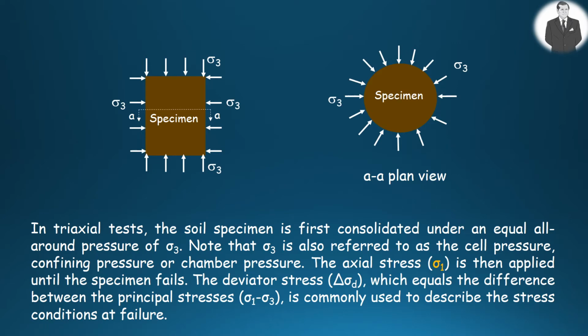The all-round pressure, which is denoted sigma sub 3, is also known as the cell pressure, confining pressure, or chamber pressure, whichever you like. The axial stress is then applied till the specimen fails. The deviator stress, which is equal to the difference between the principal stresses, is commonly used to define the stress conditions at failure.